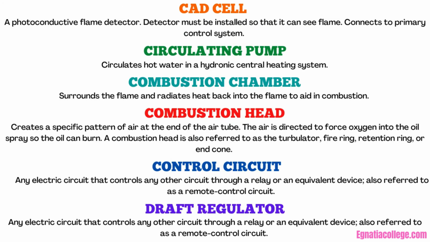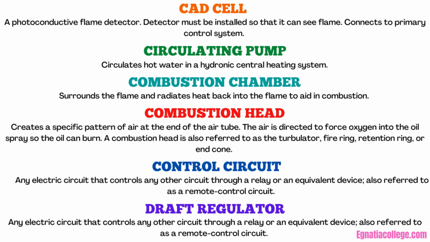CAD cell. A photoconductive flame detector. Detector must be installed so that it can see flame. Connects to primary control system. Circulating pump. Circulates hot water in a hydronic central heating system. Combustion chamber.